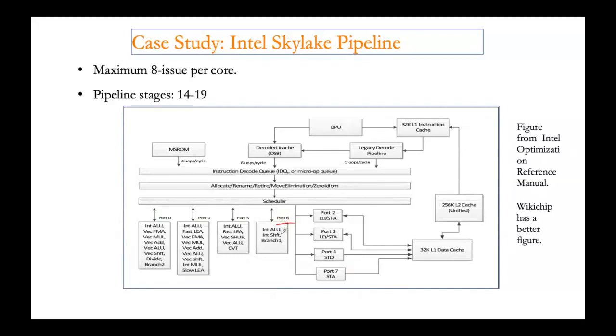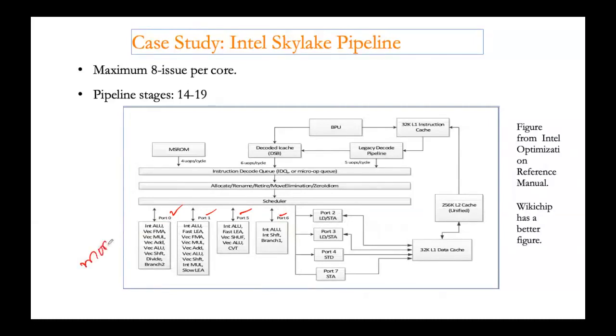Port 6 has the arithmetic logic, integer ALU operation, integer shift operation, and integer branch operations. Whereas port 0 has different functional units for different operations, like the integer ALU, vector FMA, vector multiplication, vector shift operations, division operations, and branch 2. So like this, different functional units are there in every port.